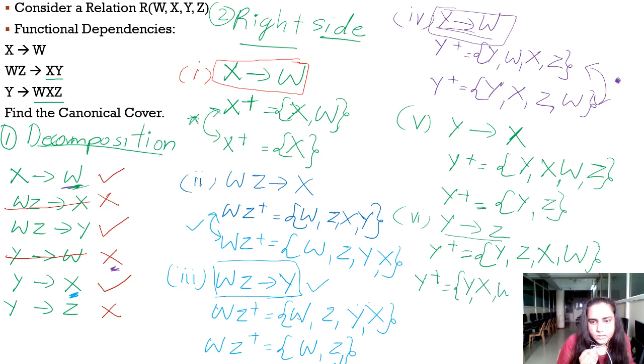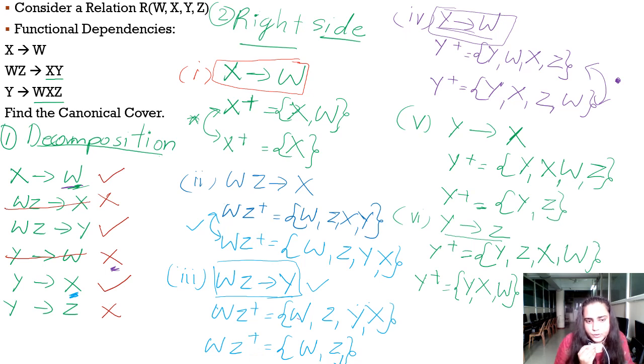Using X I can get W. But using W now, can I get Z? It's not possible. And that's why this thing right here is changing. These two values right here are not matching. And that's why Y determines Z is a necessary functional dependency and I cannot remove it.